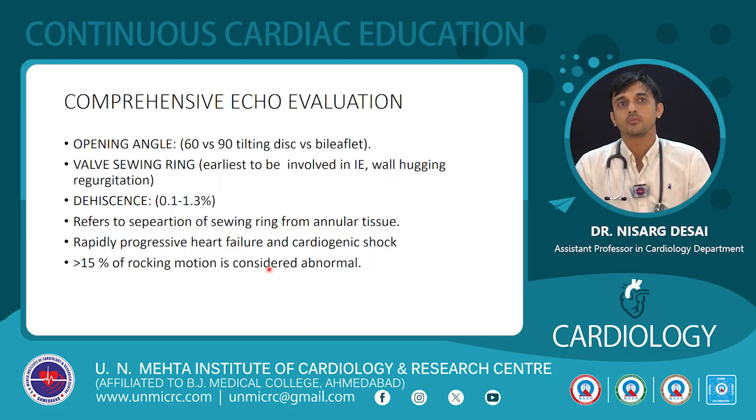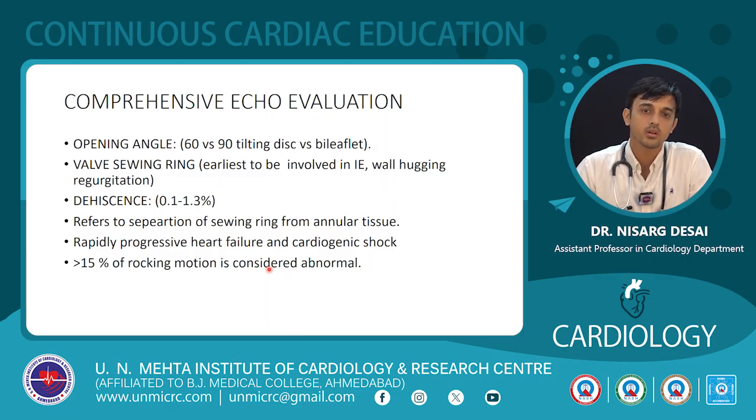But the fortunate thing is it is seen in only 0.1 to 1.3% of the prosthetic valves, and if the dehiscence is acute, then the patient will have rapidly progressive heart failure and even cardiogenic shock.